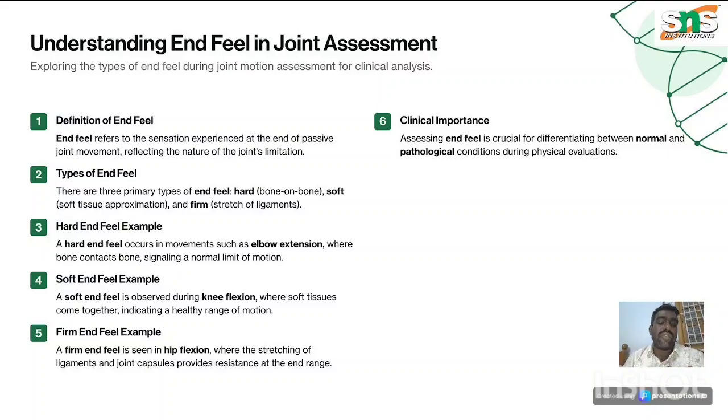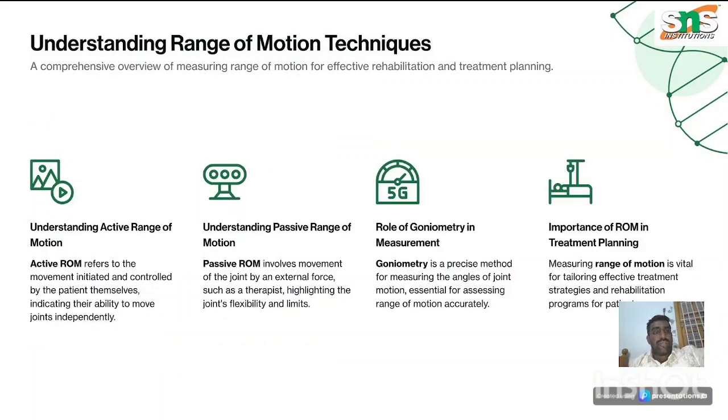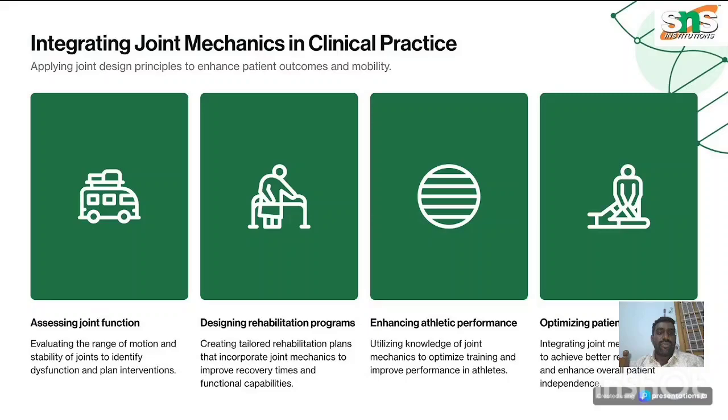In case of a bone end feel, it should be rehabbed with different types of activities. In case of a soft tissue end feel, it should be treated with different aspects of activities. How to treat? The range of motion may be assessed actively or passively, and it should be measured with a proper goniometer.